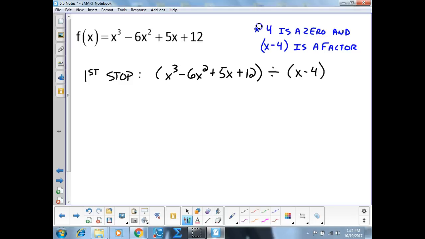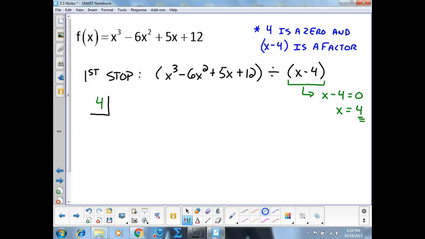Synthetic division, you learned last year: you take whatever you're dividing by and set it equal to 0 and solve for it. That number is the number that goes outside in the box.